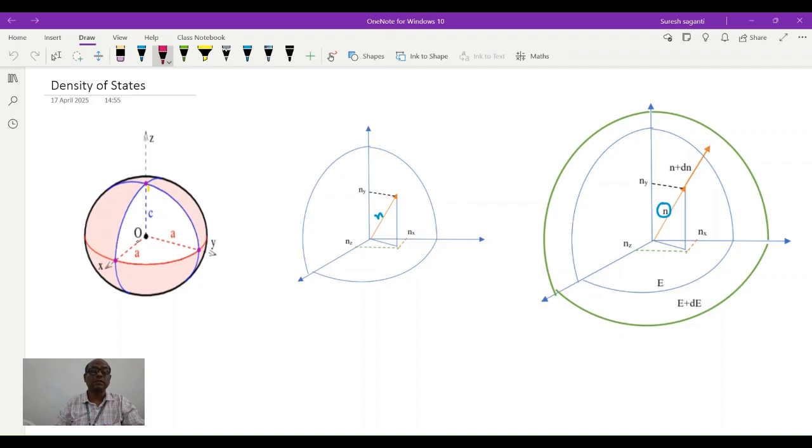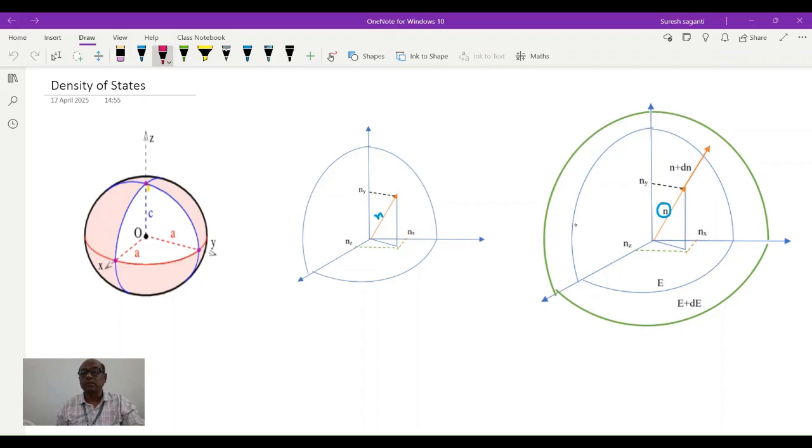Atom is spherical in shape, and let us take one octant of the atom. So we have drawn that one octant of the atom separately here. In this octant, let us consider a direction, a quantum space n, which is designated with nx, ny, and nz.